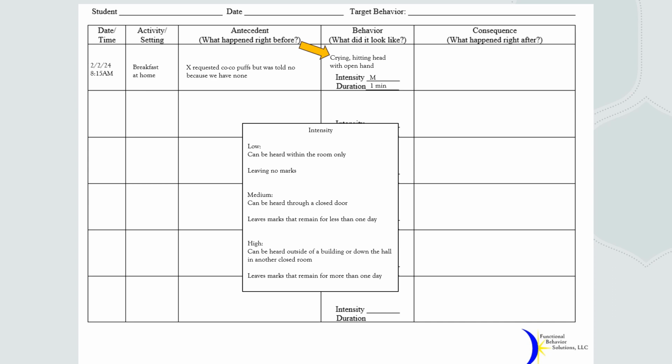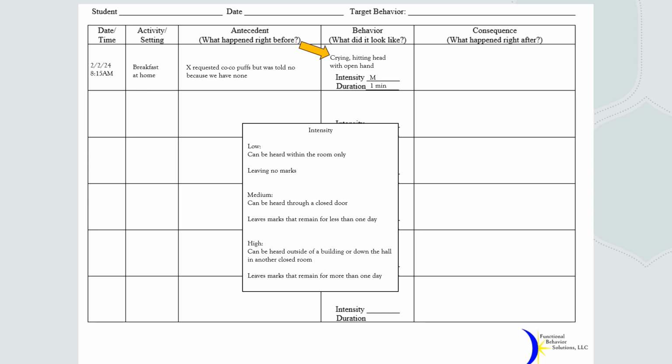In addition, if it's something like aggression, whether that's self-injurious behavior, so they are causing harm to themselves, or if it's aggression against somebody else. Low may leave no marks at all. Medium would be like leaving marks that would disappear within a day, and high could be leaving marks that are longer than a day.